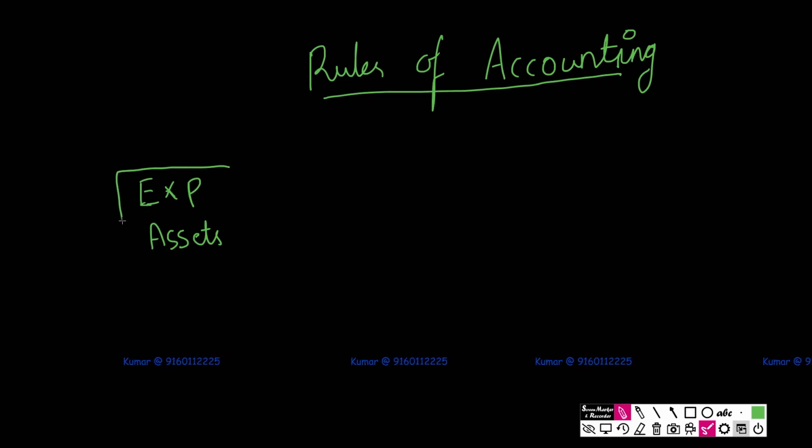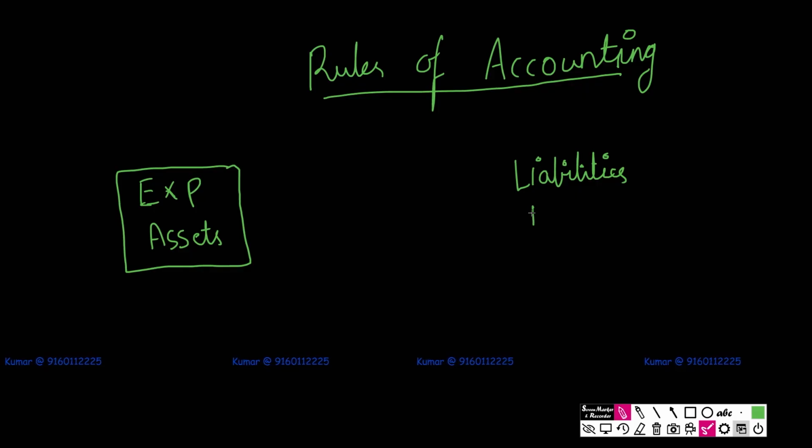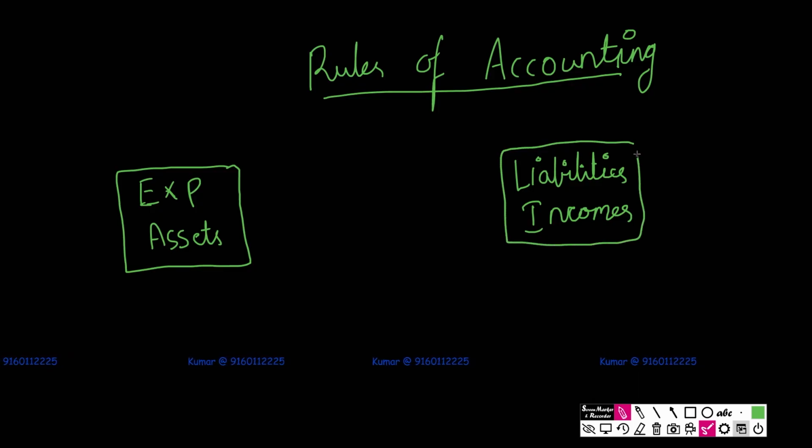These both are one category. These both have the same rules. And liabilities and incomes have different rules, just opposite to this.